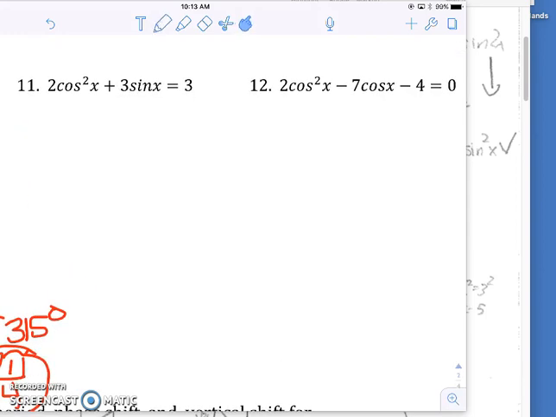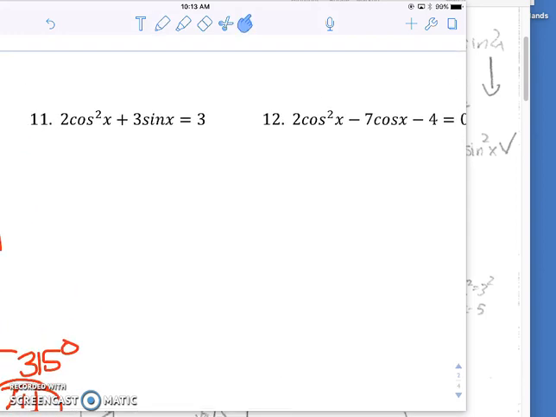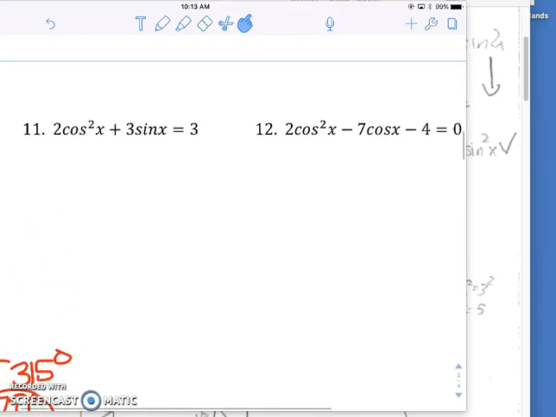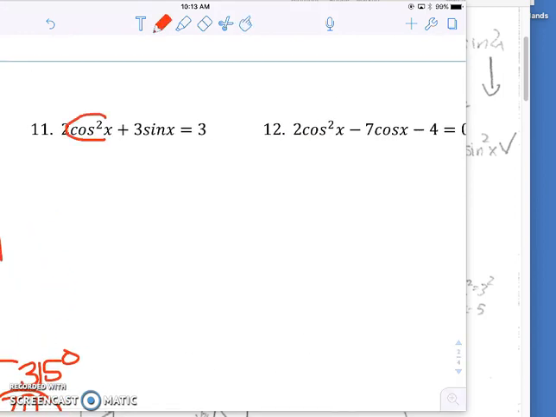The next one gets a little trickier because we got a quadratic. So we have to use that Pythagorean identity to replace this. So we know that that is 1 minus sine squared of x plus 3 sine of x. And I'm going to set this equal to 0 since it's a quadratic.